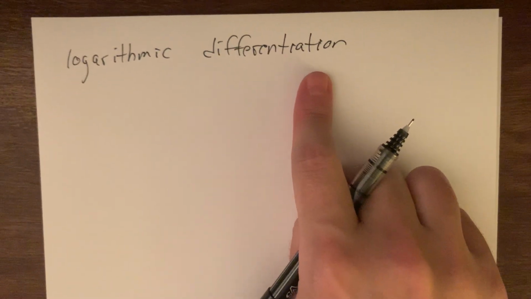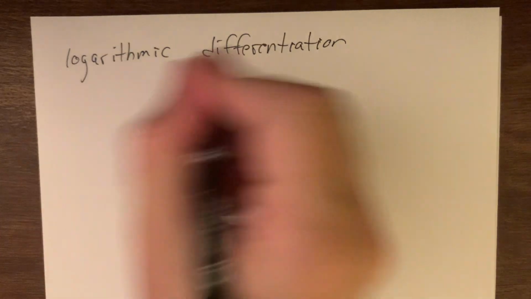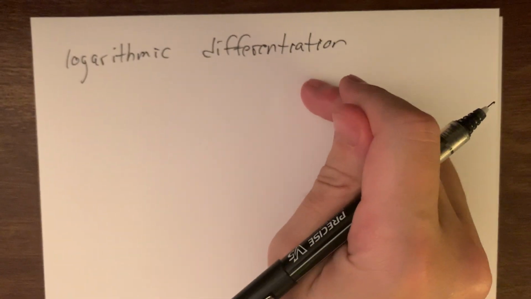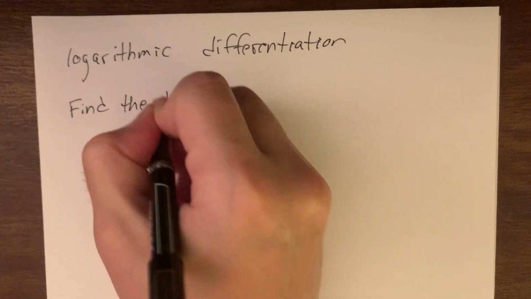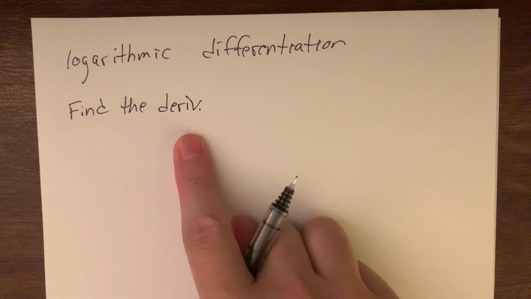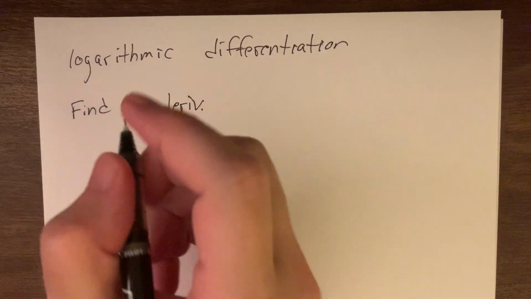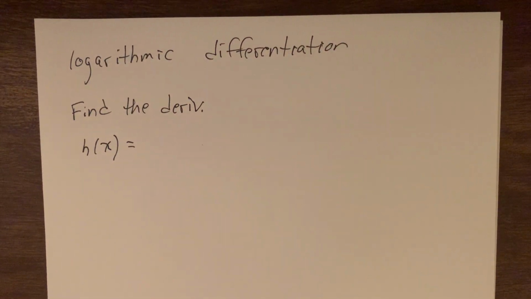And let me start off by showing you a little bit of a problem. So let's start off. This technique is for finding derivatives. So my directions are simply find the derivative. And let's start off with the function, what was I up to? I guess I used f and g on the previous page. So let's call this one h.